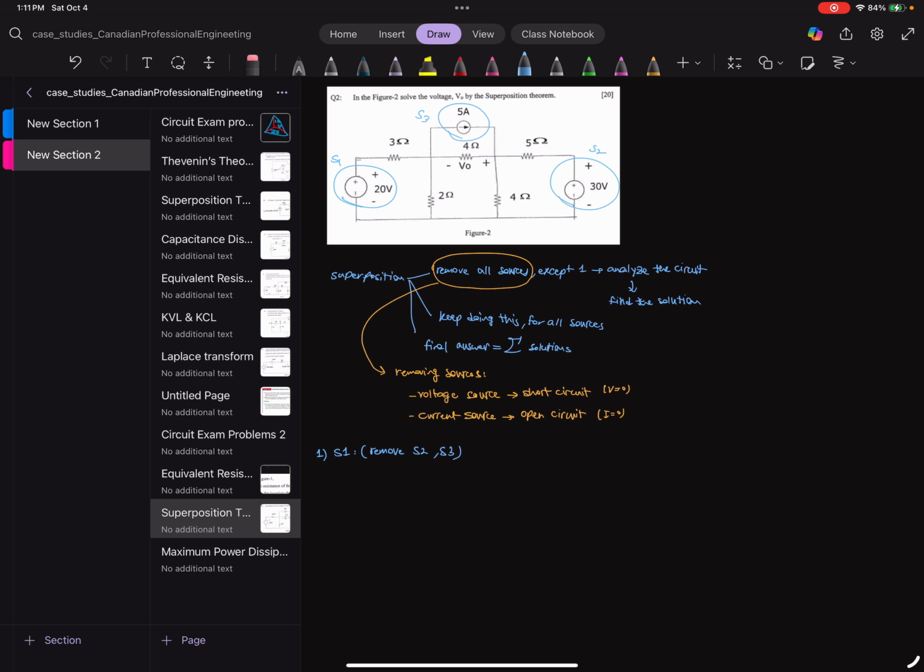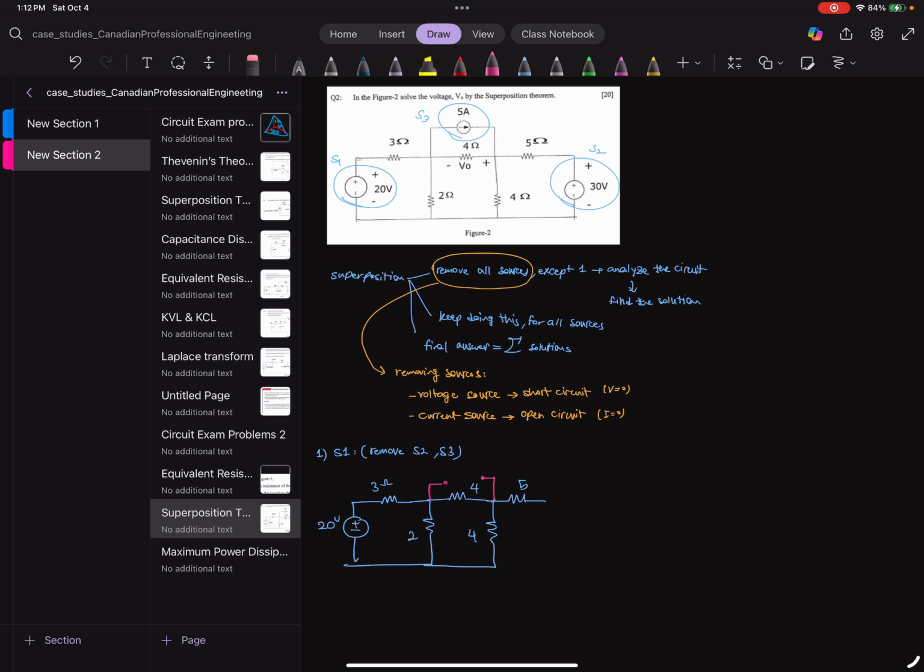Okay, so the equivalent circuit when we only have S1 is going to be 20 volt, and this is going to be 3 ohm. Then we have 2 ohm, 4 ohm, 5 ohm. And then what happened here?